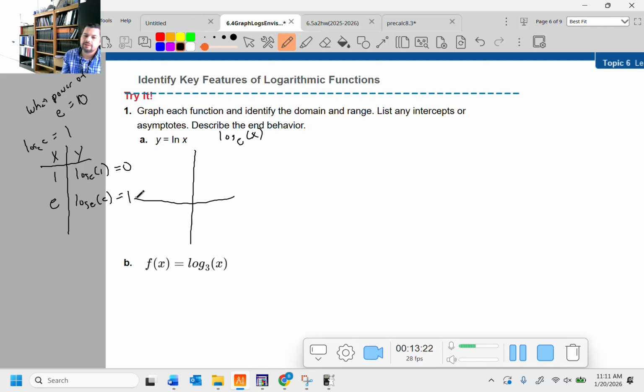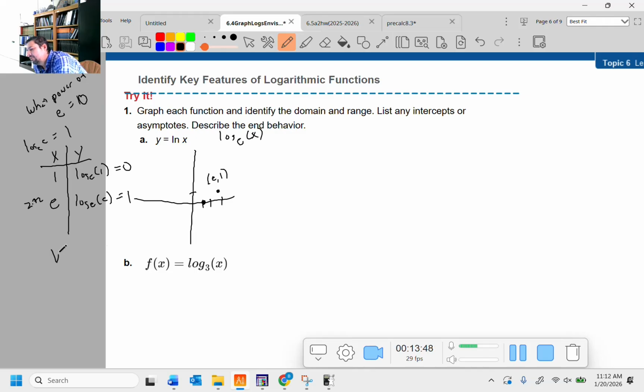So I want you to reinforce this with the idea of all logarithms, unless a transformation has happened, contain 1, 0, and then the base, 1. So 1, 0 is on my menu. And e, which is roughly 2.72, 1, is also on my menu. Make sure I label that one. That's e comma 1.